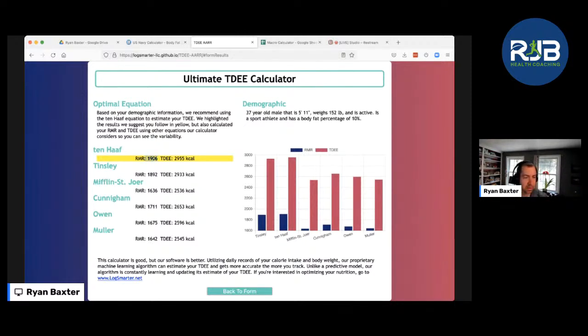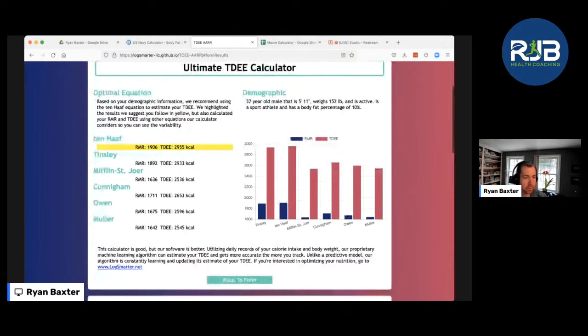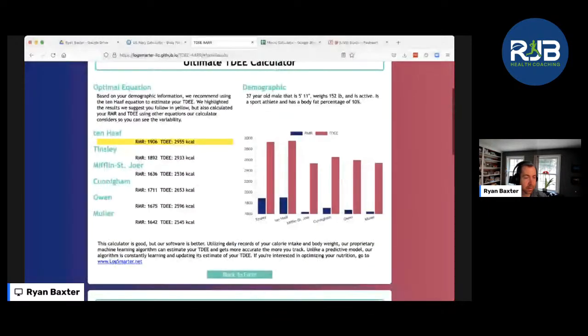So this is what I would burn if I just laid on the ground, did nothing all day long, and didn't move, etc. And TDEE is how much I would expend, including exercise and daily movement on top of that, right? So based on my goals and my activity level, etc., they calculate this TDEE on top of it, right?